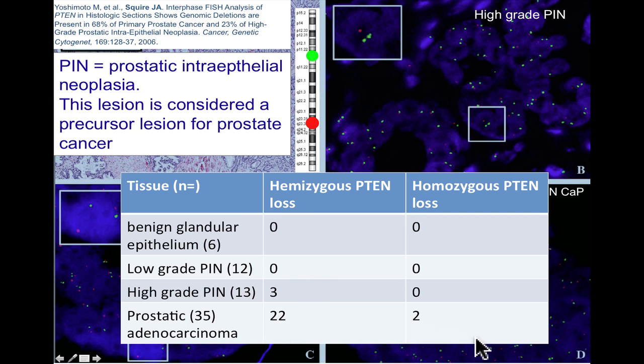So this was our first study using PTEN, looking at prostate cancer. In the subsequent slide series that you can download and look at, I'll be describing more about PTEN FISH assays in cancer. Thank you for listening to this first part.